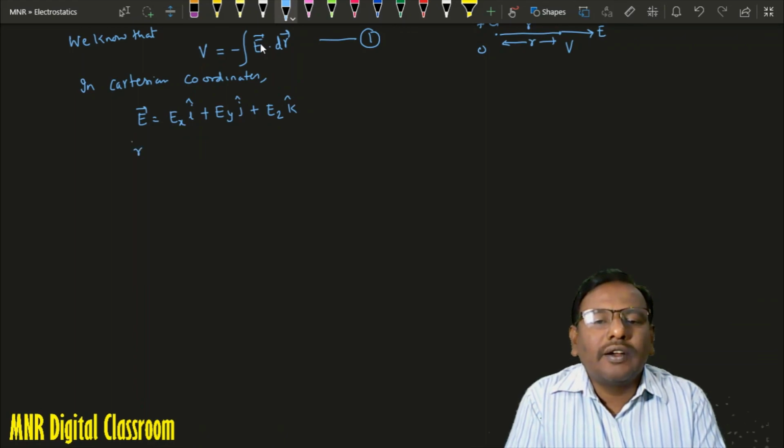Similarly, the position vector r bar is given by x i cap plus y j cap plus z k cap.